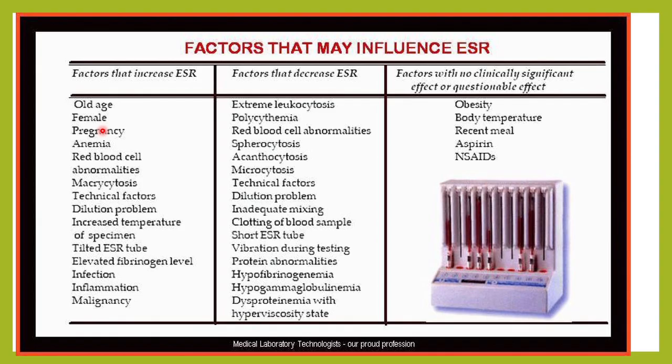That is normal. In anemia, ESR is more. In RBC abnormalities, ESR can be high. Macrocytosis, ESR can be high. Because of certain technical factors, or there is an increased temperature of the specimen, or if the ESR tube is not kept properly, it was tilted.